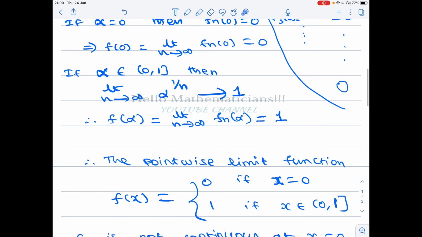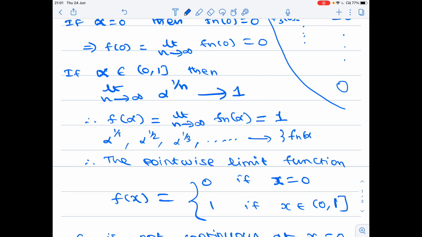So basically what will you get? You get alpha power 1 by 1, alpha power 1 by 2, alpha power 1 by 3. This sequence is nothing but the sequence f_n of alpha, n equal to 1 to infinity.